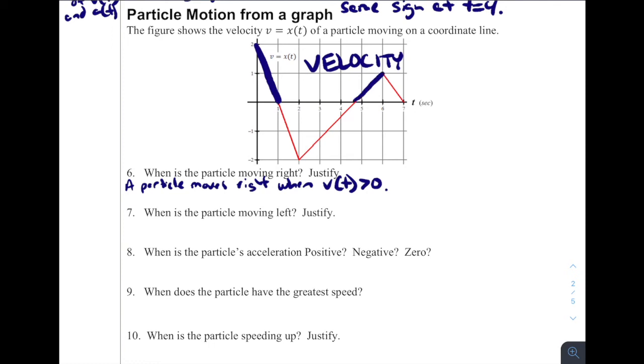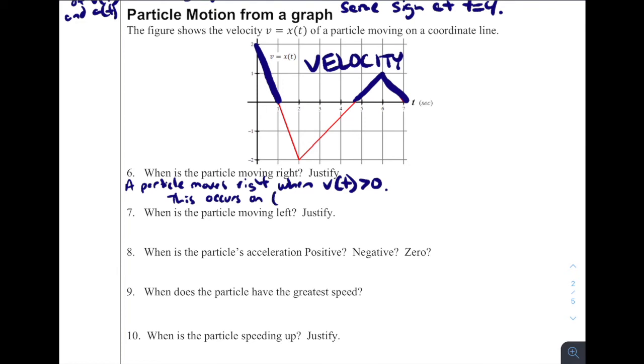This is above the t-axis all over here. So these parts here in blue, those times are places where the velocity is positive, and those would be places where the particle is moving right. Now, where is that? So this occurs on the following intervals.